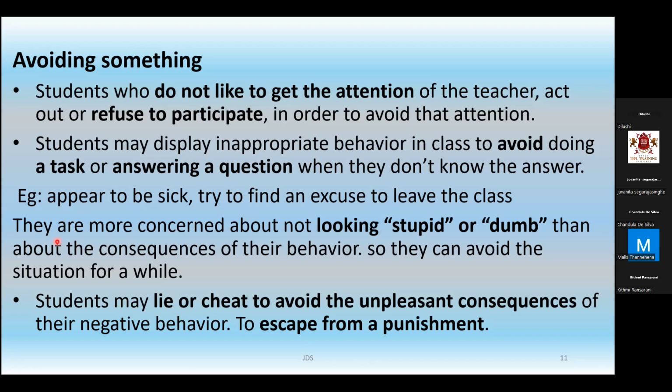And you are given examples for that: appear to be sick, try to find excuses. All these are ways by which the child is avoiding something. He will not be sick or have any kind of ailment, but he will just act it out like that in order to avoid that situation. Looking stupid, dumb, right? So all these are clear indications of avoidance.